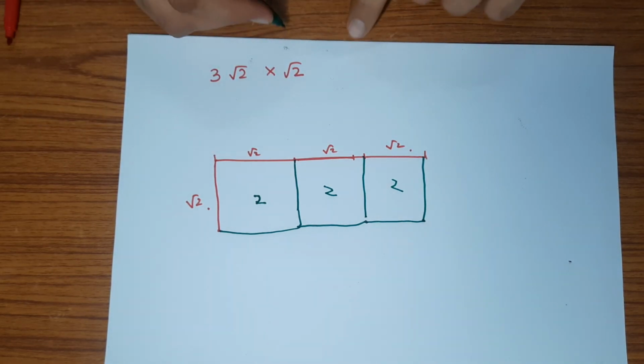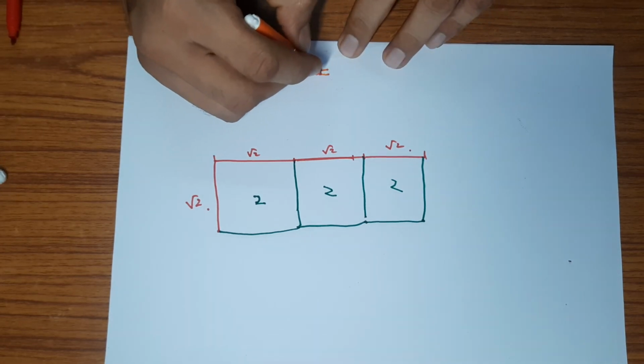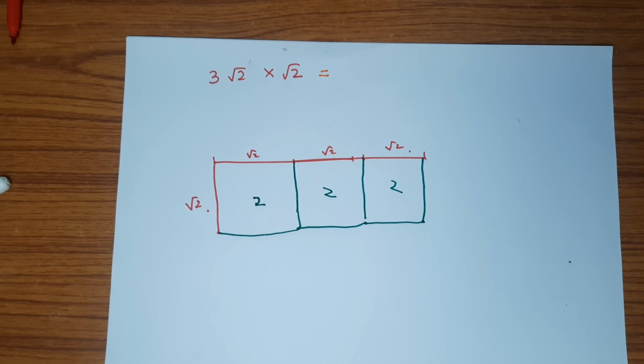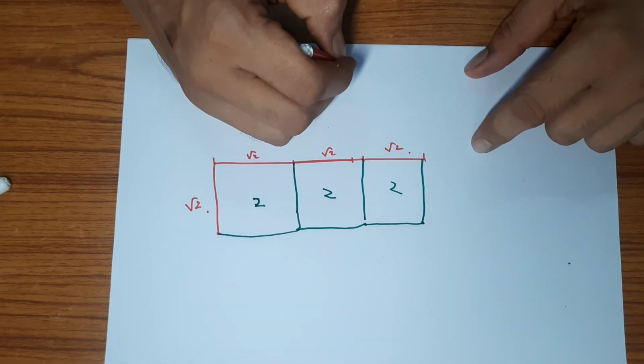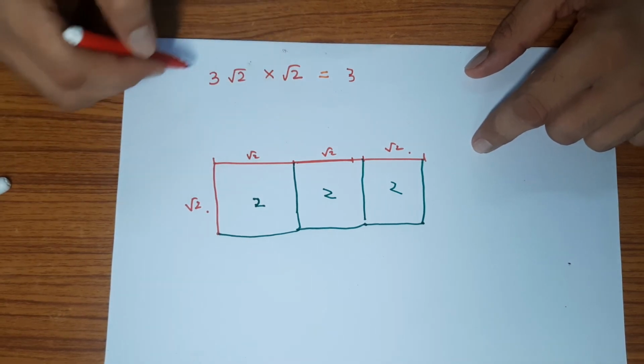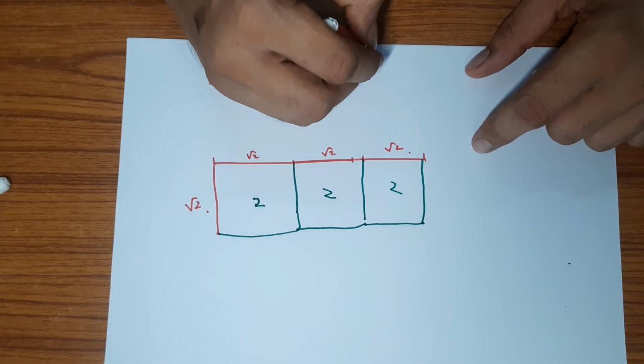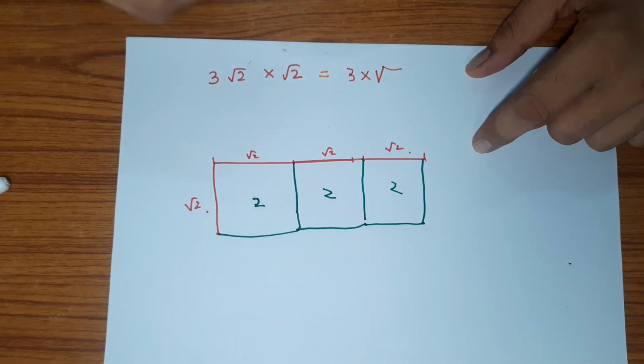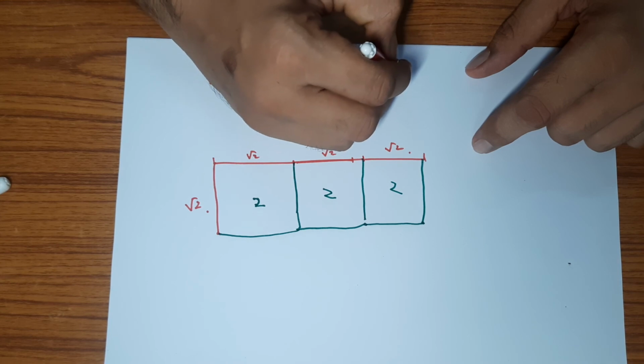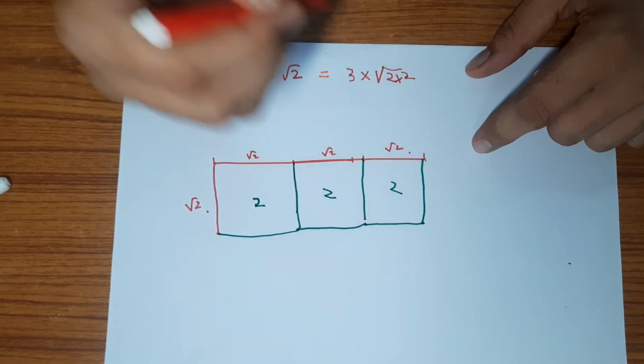Right? And here too we have our little tricks, that you have 3 root 2 multiplied by root 2. So 3 is a number outside the square root. I cannot mix it up with what is inside the square root. And then I multiply it with all the powers to the half, which is square root. So which is 2 times 2.